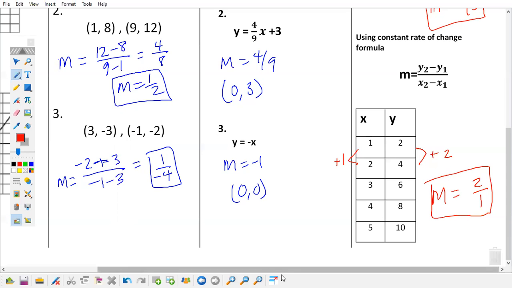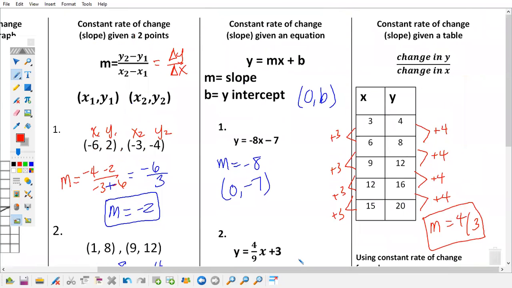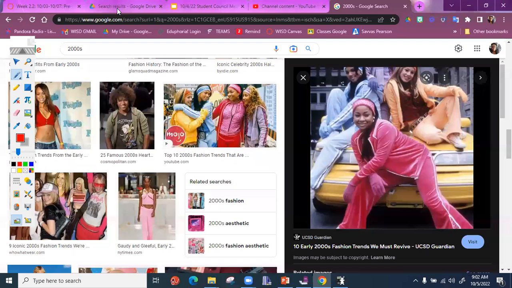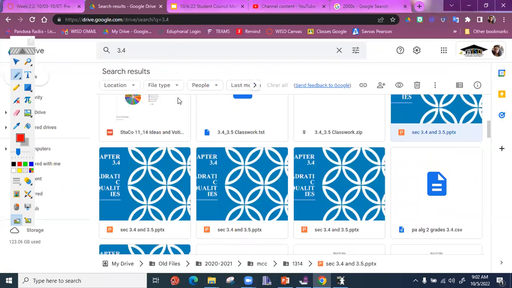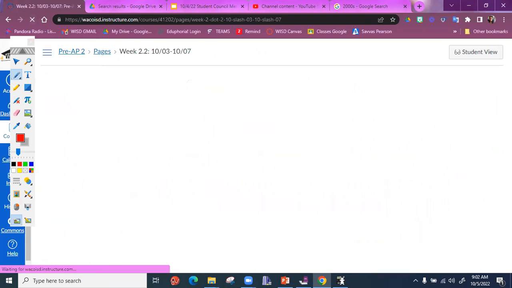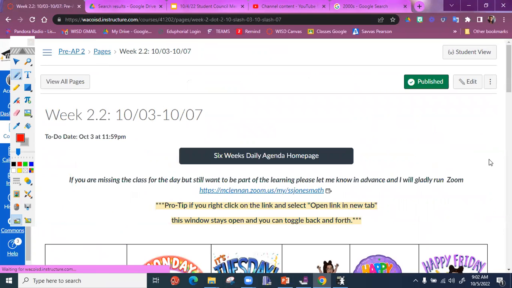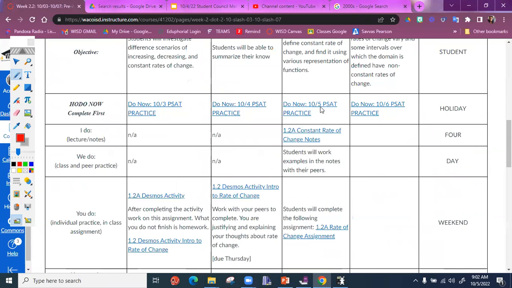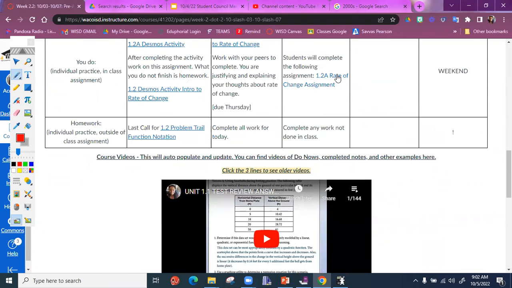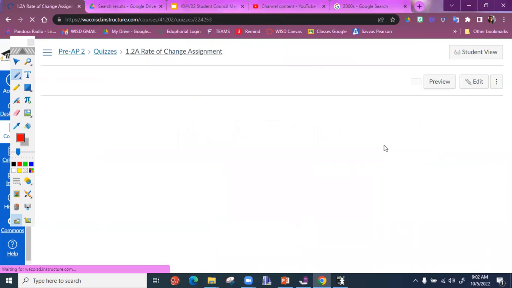All right. So what you're doing, hopefully this Algebra 1 refresher, refreshed some thoughts, opened some file cabinets, dusted off some cobwebs in your brain. On your canvas for today, we took the notes, and as you can see right here, it says that you have a 1.28 rate of change assignment.